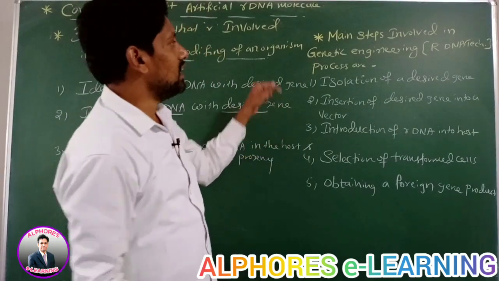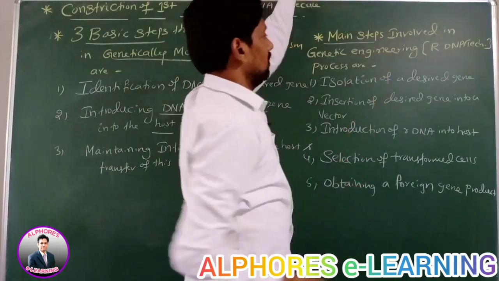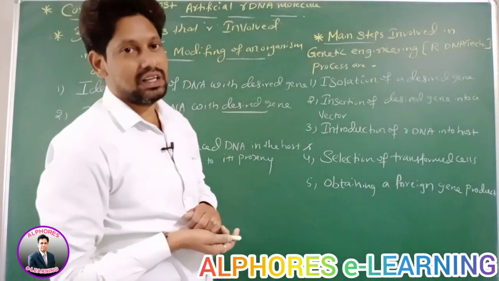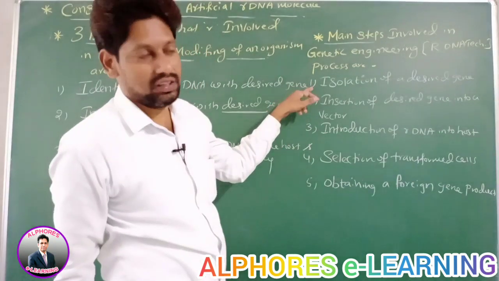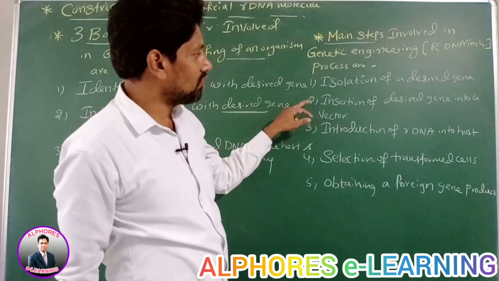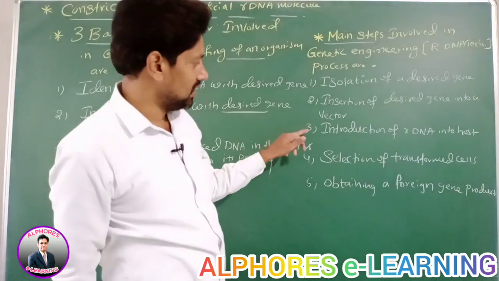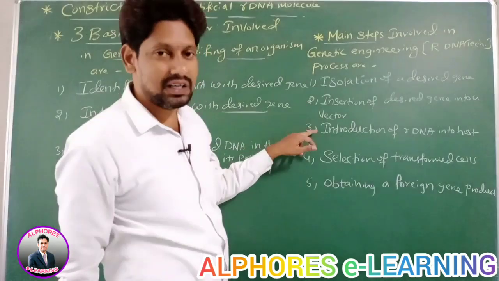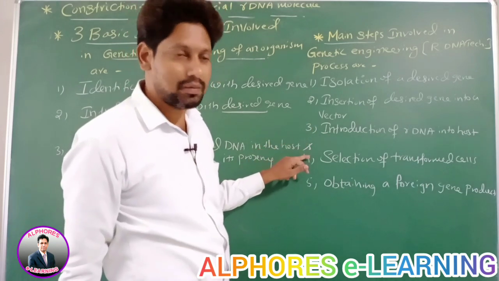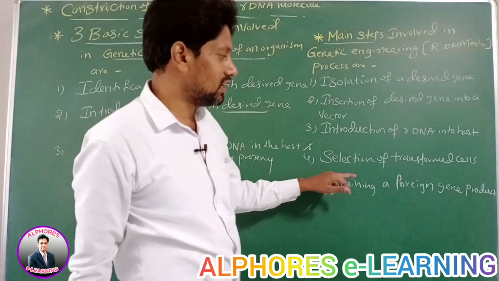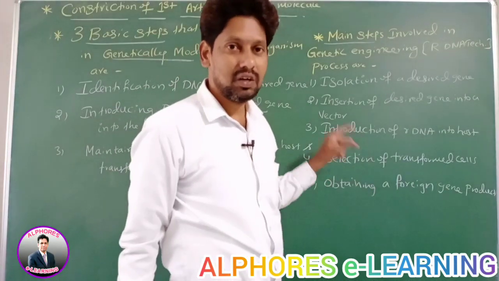Therefore, these are the main steps that are involved in genetic engineering, that is rDNA technology. Number one, isolation of a desired gene. Number two, insertion of desired gene into a vector. Number three, introduction of rDNA into the host cell. Number four, selection of transformed cells. Number five, obtaining a foreign gene product. Right? Go for the first step.